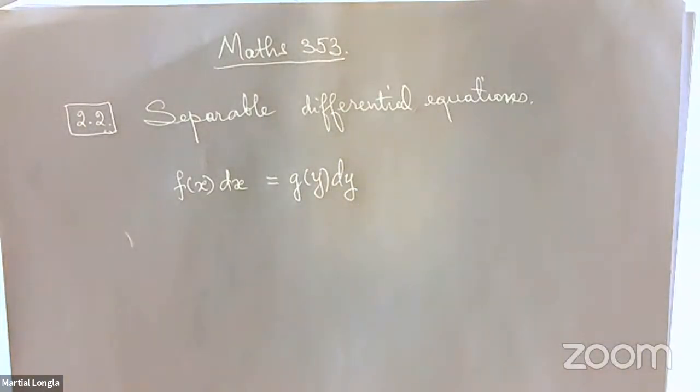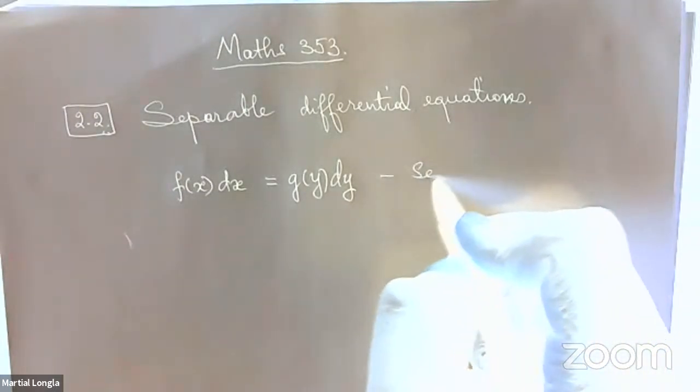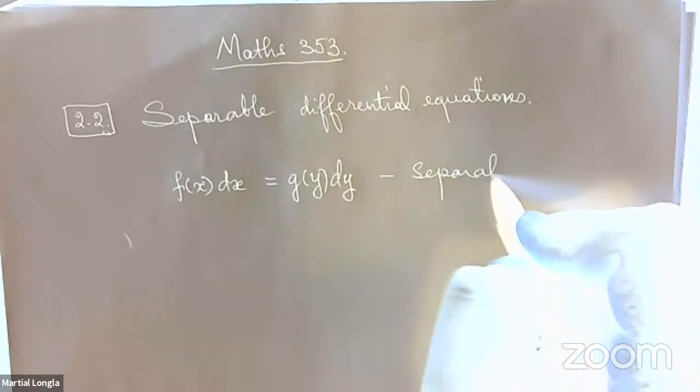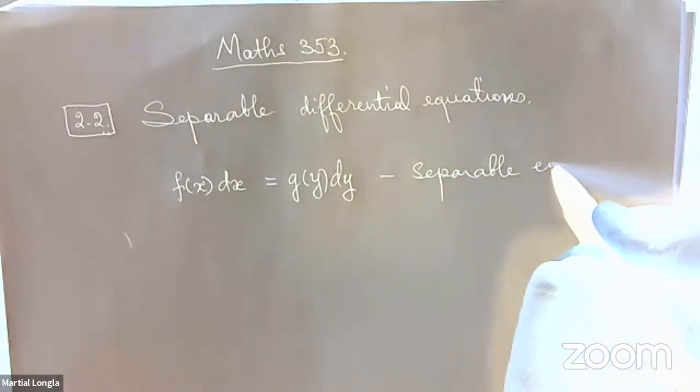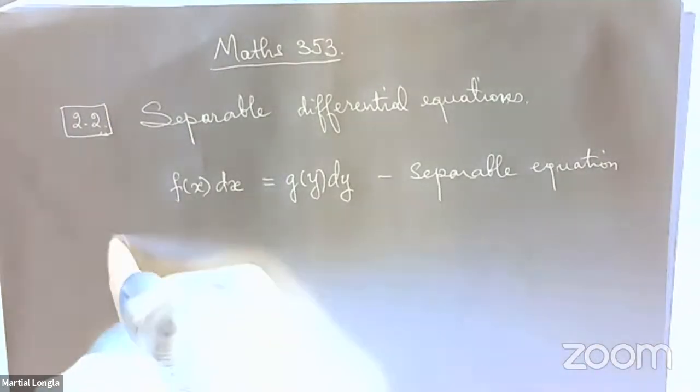So if you have a differential equation that you can write in this form, then you call that equation a separable equation. And if the equation turns out to be separable, how do we solve it? And how to solve?